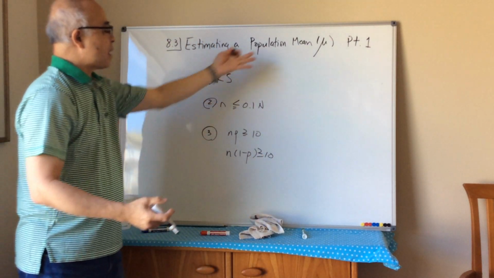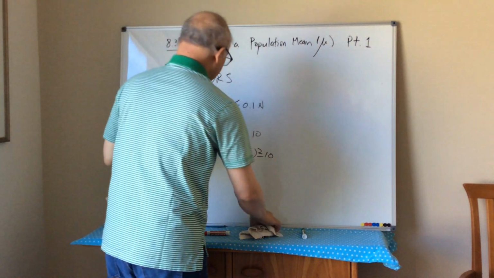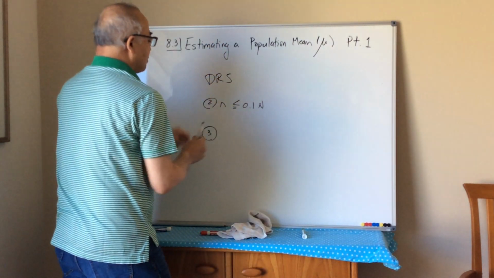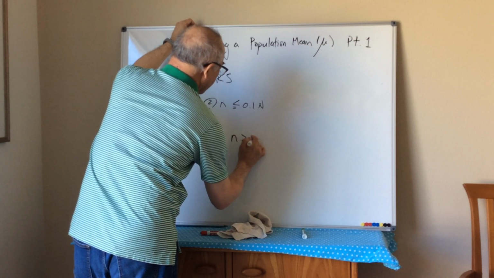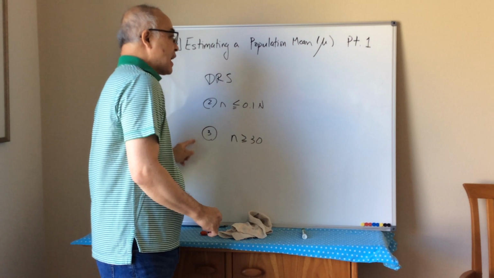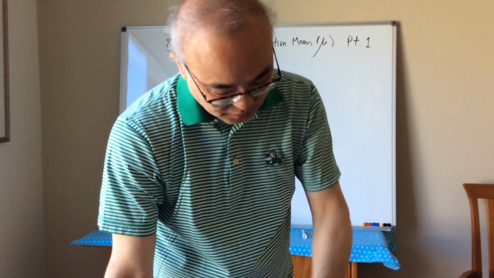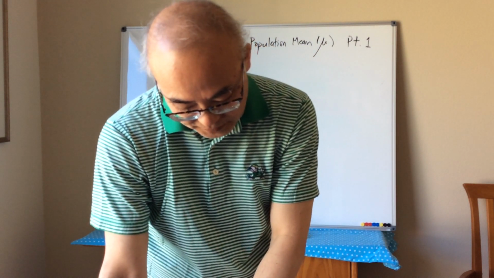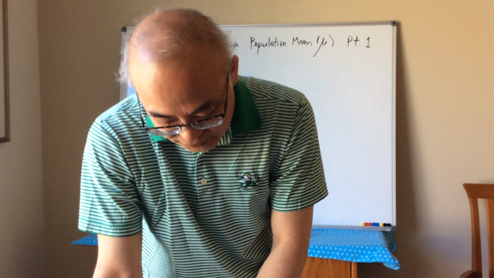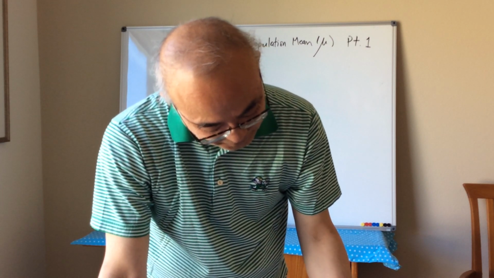The only thing that's going to change for the population mean is this, because you do not have the p anymore. We're simply going to say that your sample size has to be greater than 30. So these are the three conditions that have to be met for you to be able to estimate the mean. And that's on page 533. It says conditions for constructing a confidence interval about a mean, and there are those three things right there.